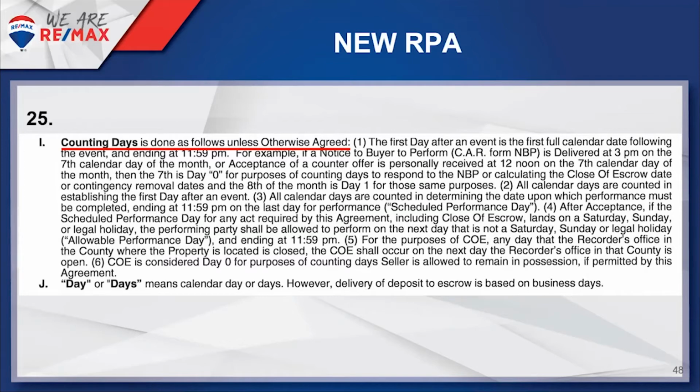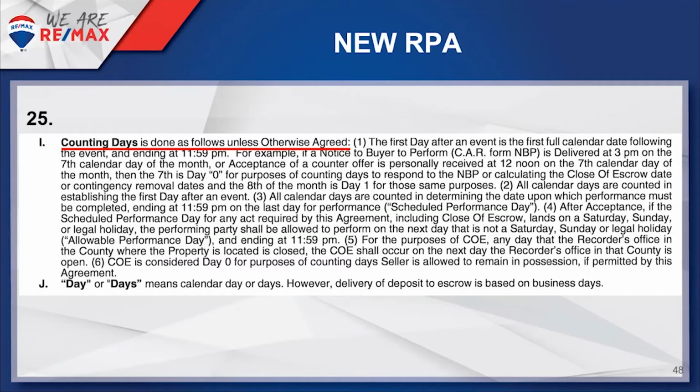It's just like if you deliver a notice to buyer to perform, and you deliver it to them today, today is day 0. So the first day of the thing you're counting out is always 0. And then each day after that is the full day.